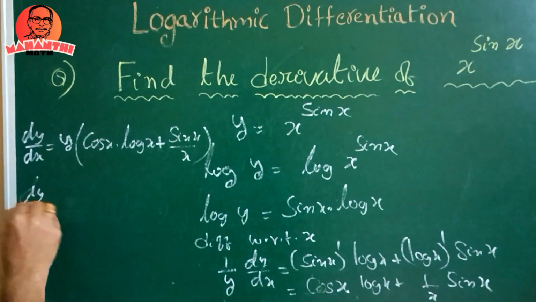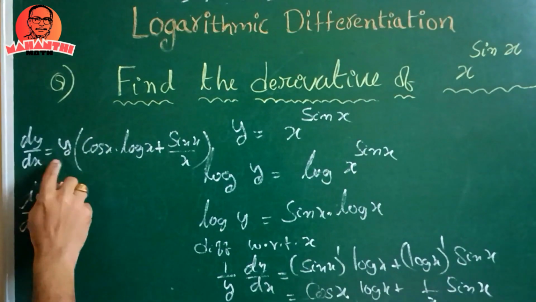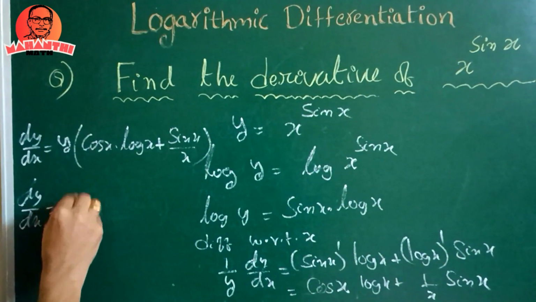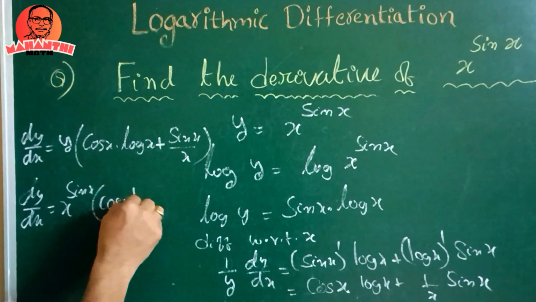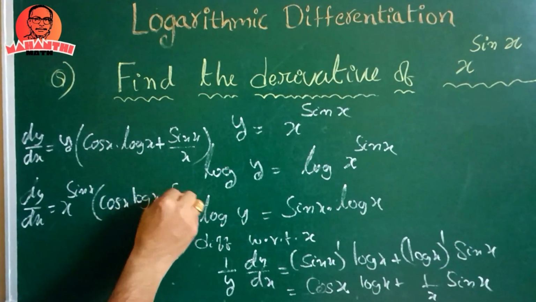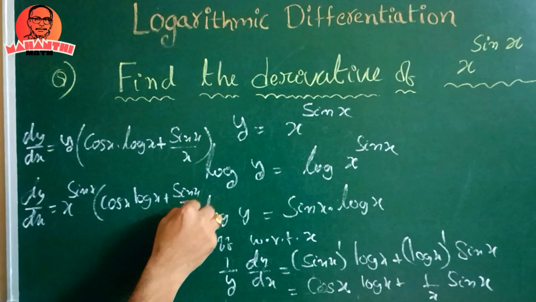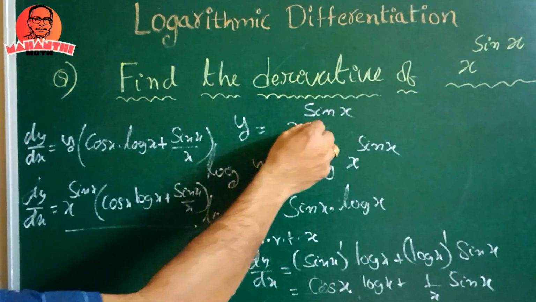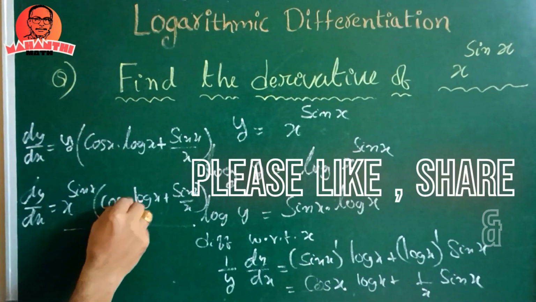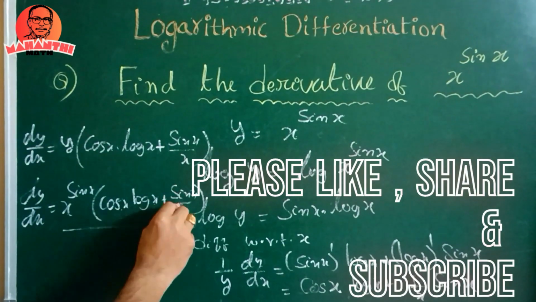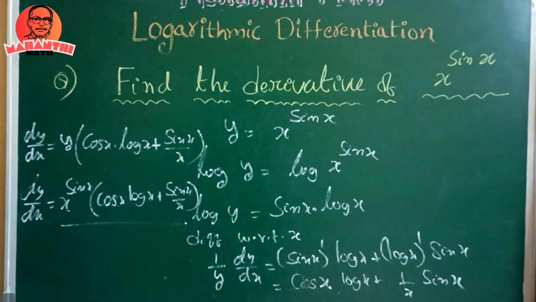That is dy by dx equal to y, where y is x power sin x, into cos x into log x plus sin x by x. So the derivative of x power sin x is x power sin x into cos x into log x plus sin x by x.